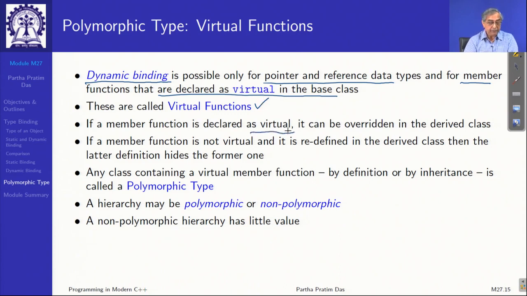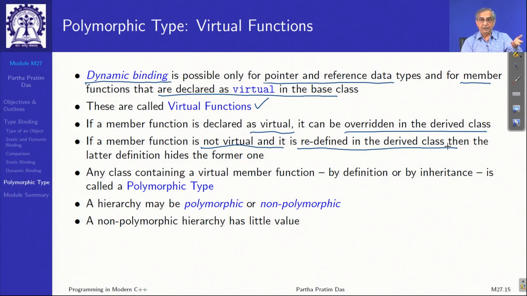If a member function is declared as virtual, it can be overridden in the derived class, as you override non-virtual functions as well, but you can do the same thing for virtual functions. If a member function is not virtual and it is redefined in the derived class, then the later definition hides the former one.